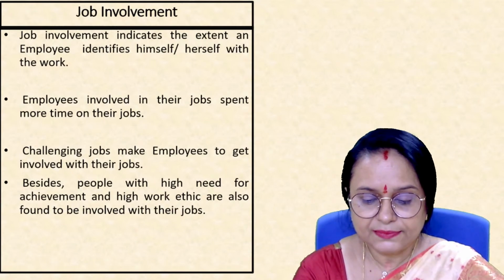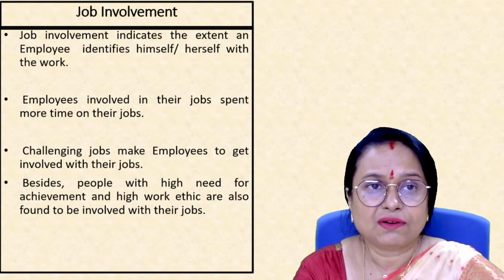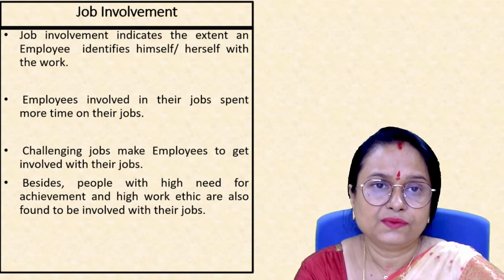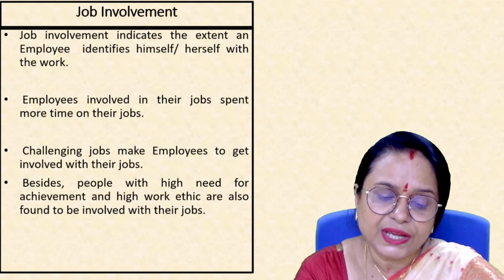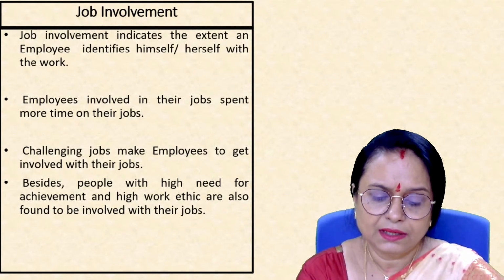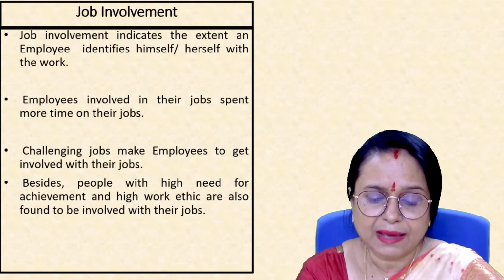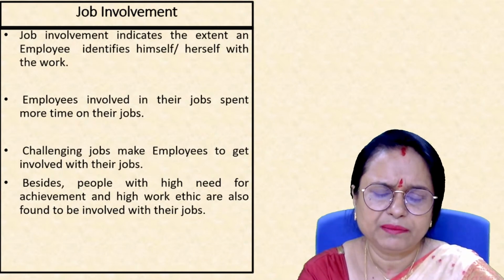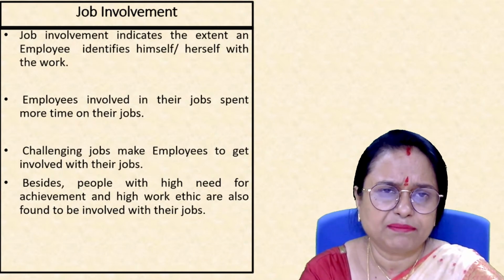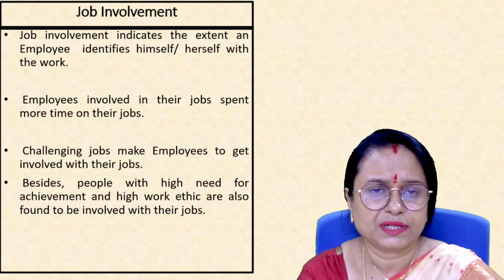Suppose one employee is not involved in the work. Suppose out of 8 hours, he is not enjoying the job, he is not happy with the job, or he may not be happy with the environment.